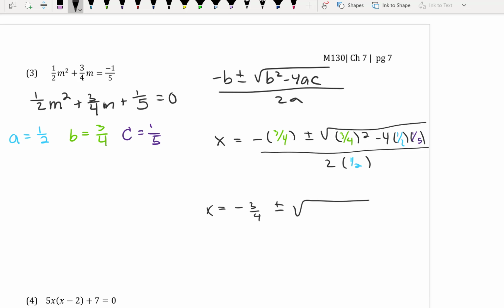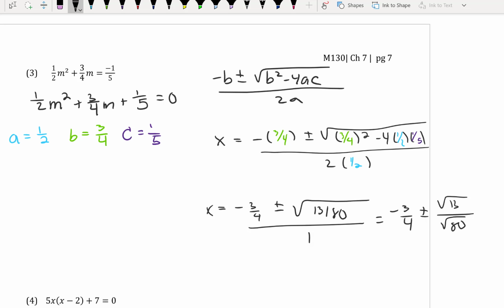And you end up getting 13/80 all over 2 times your 1/2, and you get a 1. So since that's a 1, you can actually ignore it. So this is really a -3/4 plus or minus the square root of 13 over the square root of 80.